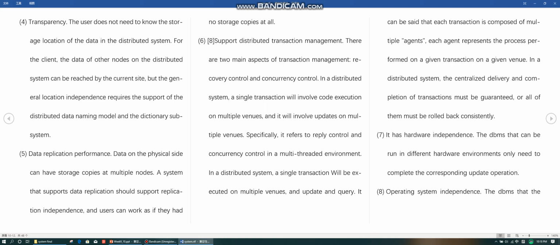In a distributed system, a single transaction will involve code execution on multiple venues, and it will involve updates on multiple venues. Specifically, it refers to recovery control and concurrency control in a multi-threaded environment.